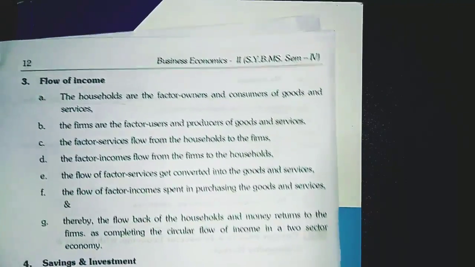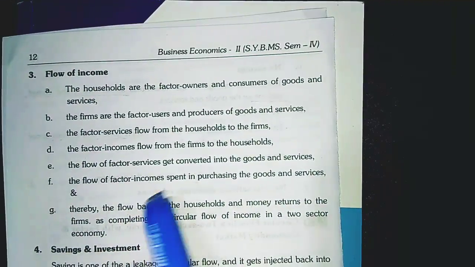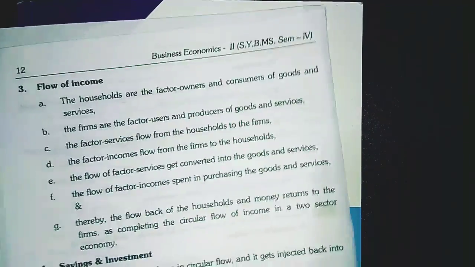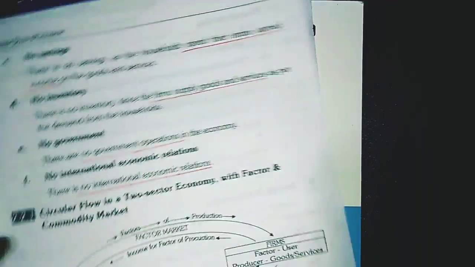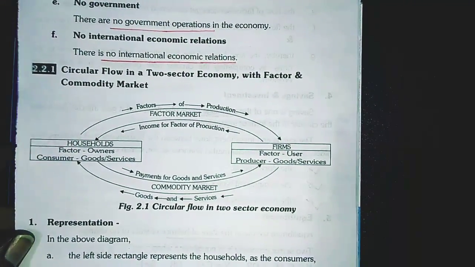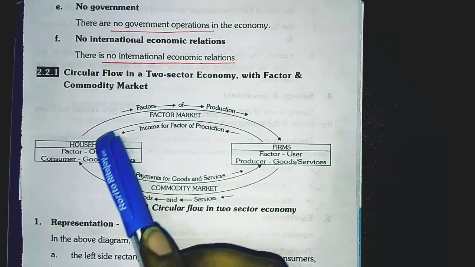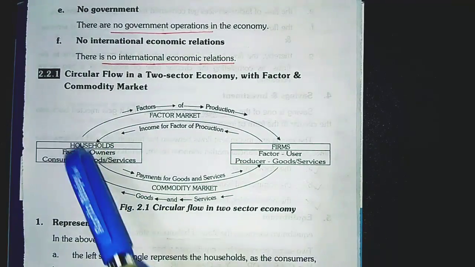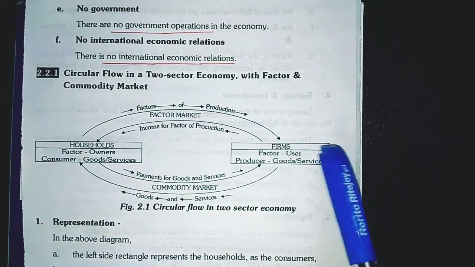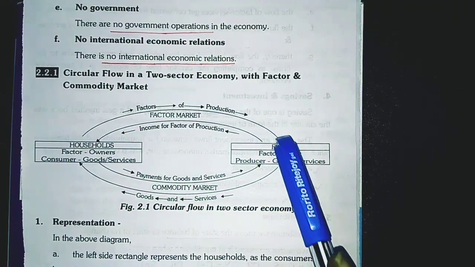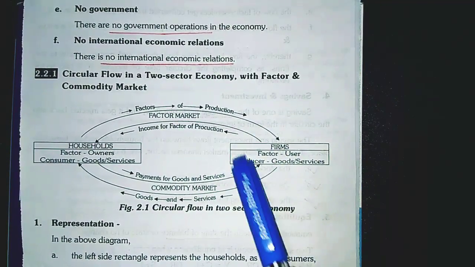Now the next one is the flow of income. I am going to explain this point with the help of the diagram again, so that it will be better for you to understand. What will be the flow here in the case of income? The household sector is working in the firms, so they are providing factors of production to the firms.